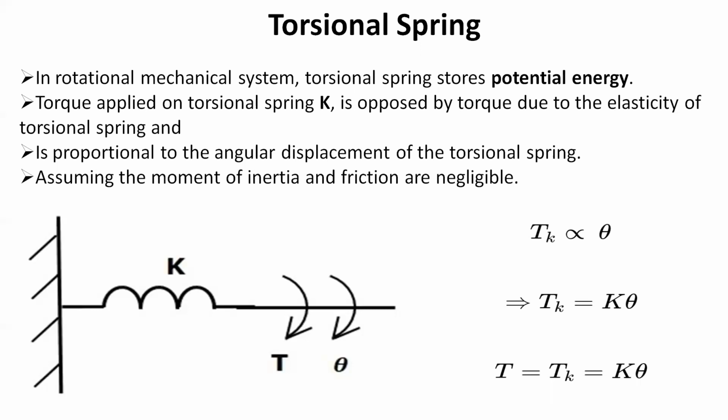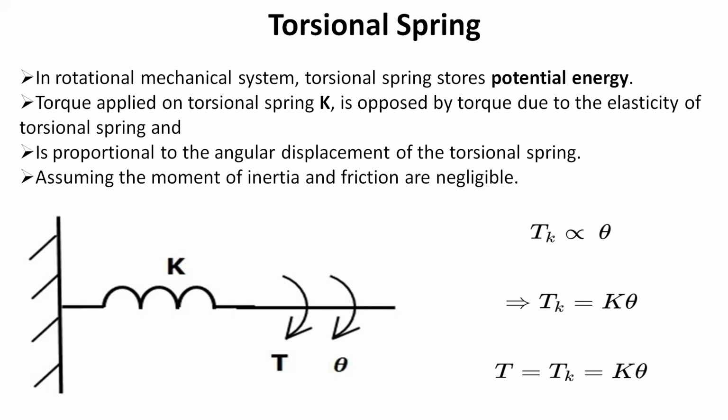Next one is the torsional spring. In translational mechanical systems, we have seen the spring stores potential energy. In rotational mechanical systems, the torsional spring stores the potential energy. If a torque is applied on a torsional spring K, then it is opposed by an opposing torque due to the elasticity of the torsional spring. This opposing torque is proportional to the angular displacement of the torsional spring.